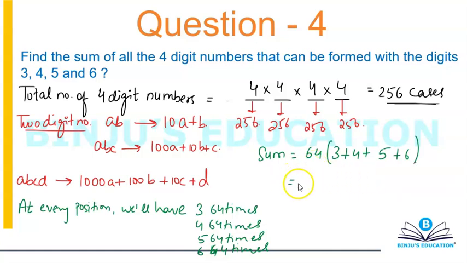So this will basically become 64 times 18, since 3 plus 4 plus 5 plus 6 is 18. So at every position, the sum of the digits will be equal to 1152.